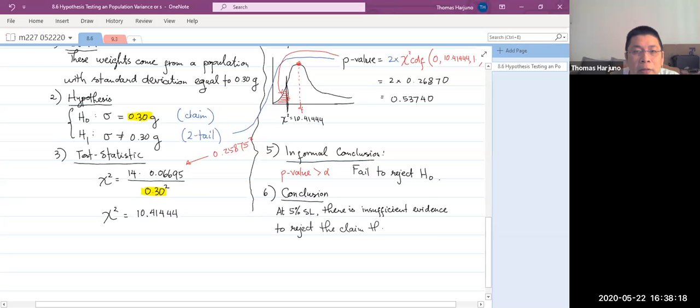I use a double negative here. You can also say there is sufficient evidence to support.